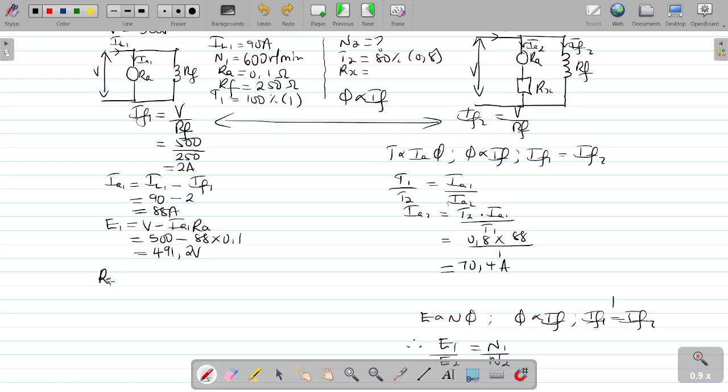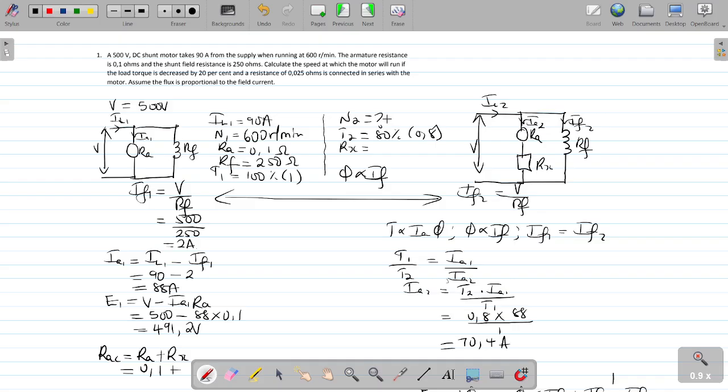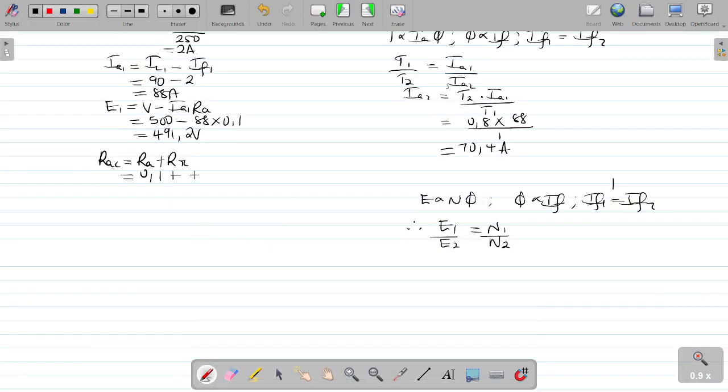So this is RAC. This is going to be RA plus RX. You can skip this step. So this is going to be 0,1 plus that RX value they gave us, 0,025 ohms.